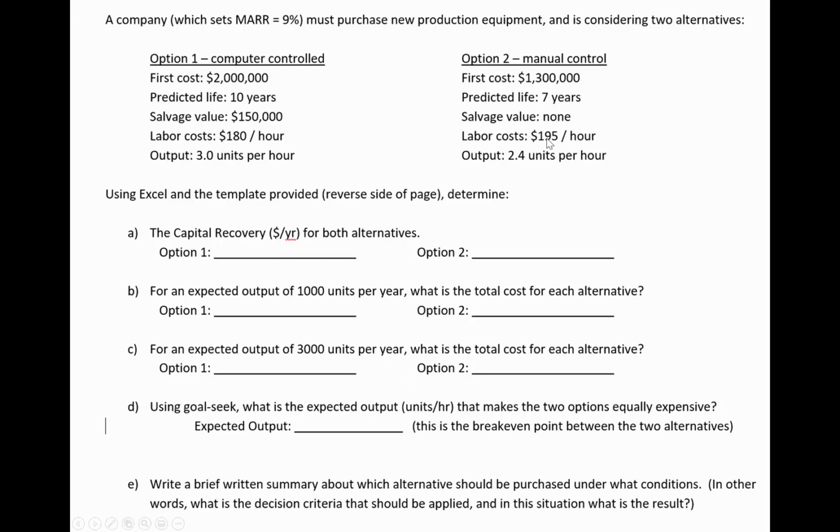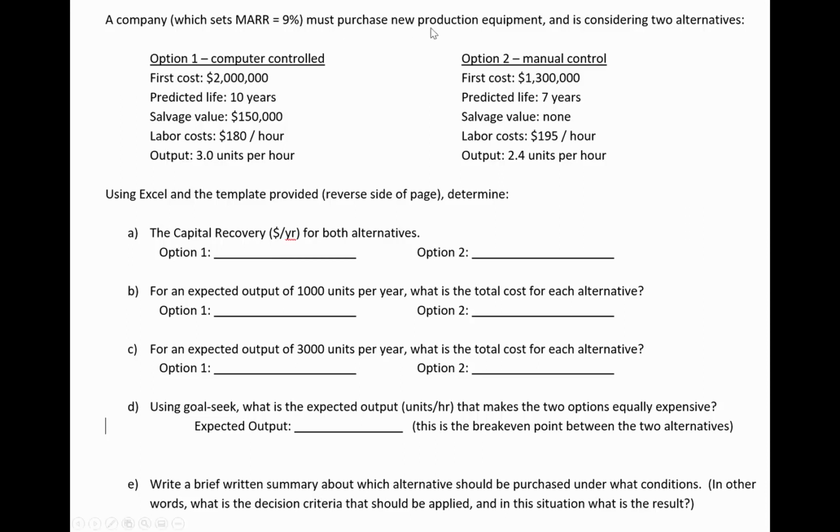And not only that, the computer-controlled equipment can kick out the units more quickly. Whatever it is it's making, it does it faster. So, for instance, if you needed to make 3 units, it would take you 1 hour for option 1. But if you needed to make 3 units, then option 2 would take 1.25 hours.